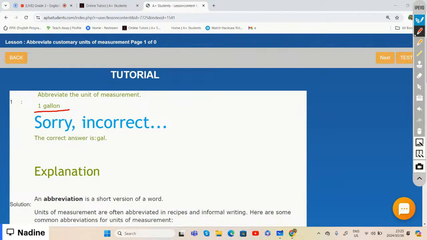Remember, don't forget the period after the word.